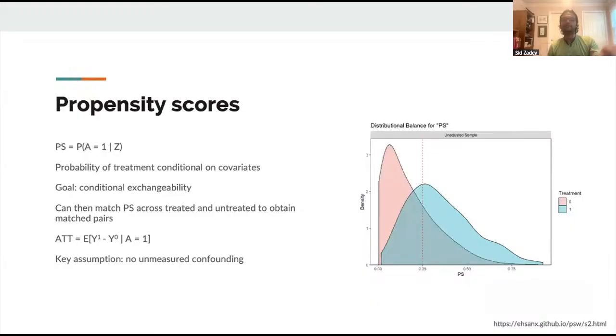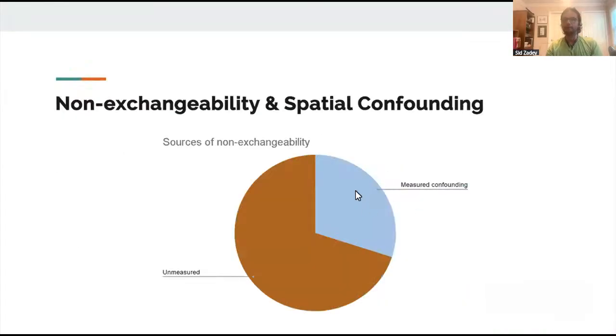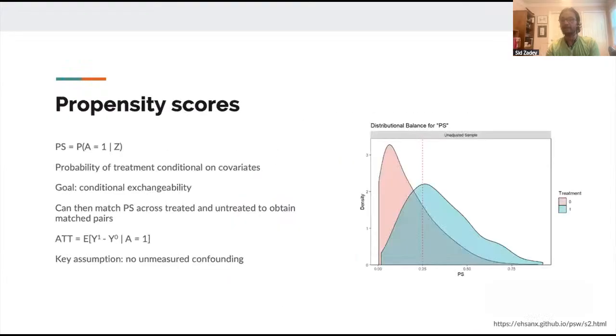And as we saw, in observational data, you're always going to have some unmeasured confounding. So this is sort of taking a bite at this blue part that we talked about, but you still have a lot of unmeasured stuff that this cannot deal with, right?